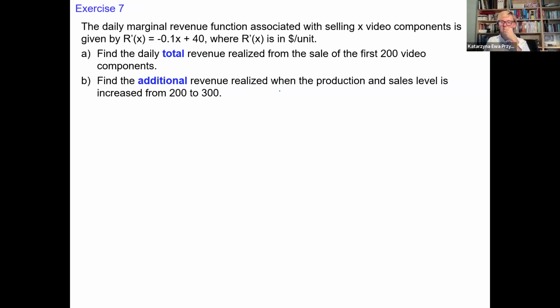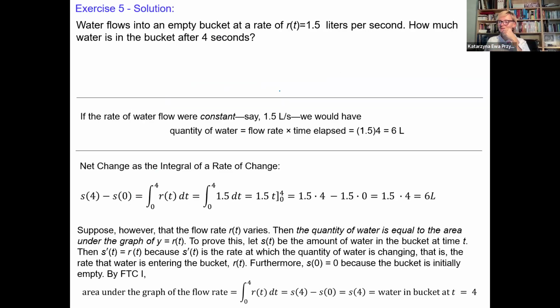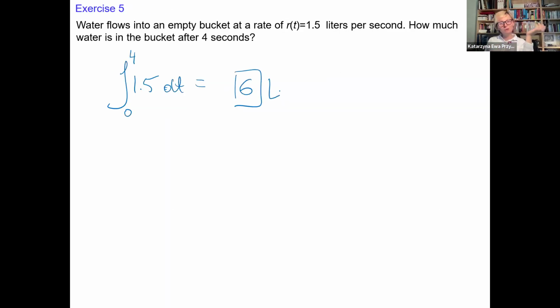Can that one be on the test? Oh, which one? This, the 6 liters? Could be, actually. When we study complicated questions, we apply the formulas.